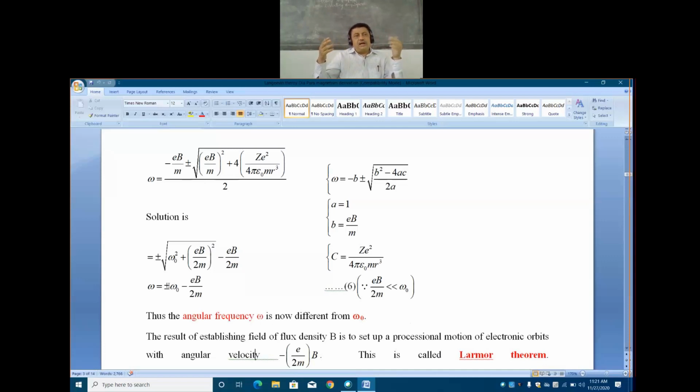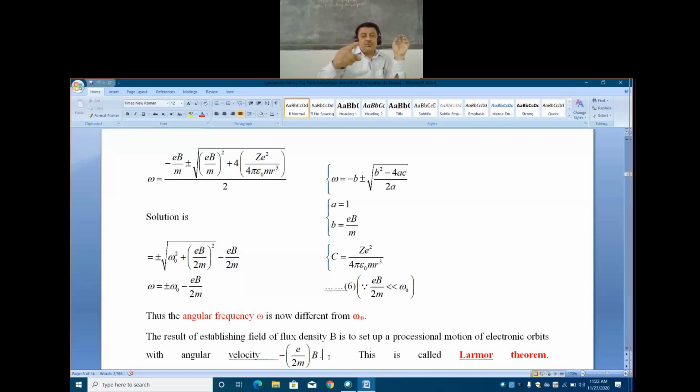When the moments are anti-parallel, there will be a negative sign, so once again this value will be different. So omega and omega naught, the angular frequencies, are related by the term eB by 2m, which is the Larmor frequency, and when they are parallel there is one value, anti-parallel another value. So this addition of plus omega naught and minus omega naught is the Larmor theorem.